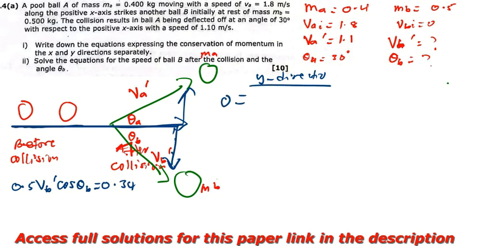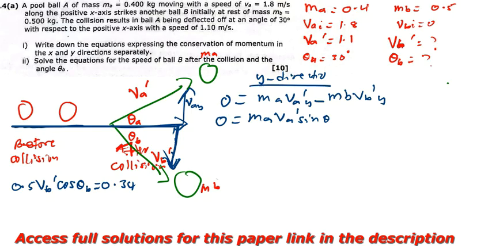Then we have MA VA prime in y. But this one is going to be negative because it's going toward the negative y axis. So it will be minus MB VB prime y. So 0 being equal to MA VA prime sine theta A minus MB VB prime sine theta B, like that.